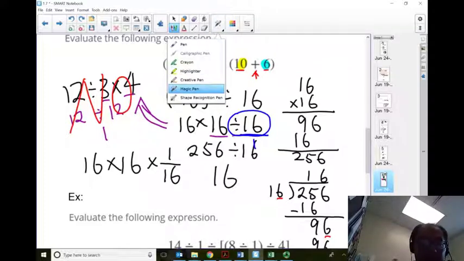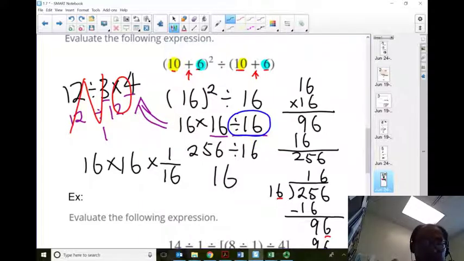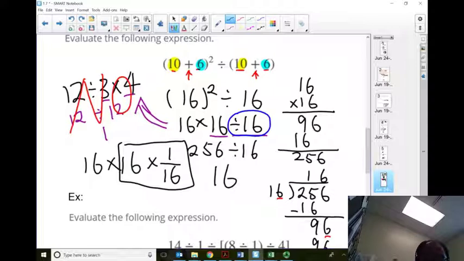Therefore, I just turn this whole line into multiplication. And according to the associative property, I can multiply any two numbers first of my choice. That's why if I multiply 16 with 1 over 16, that gives me a 1, times the 16 in the front will still give me 16 for the final answer. And so that's legit.